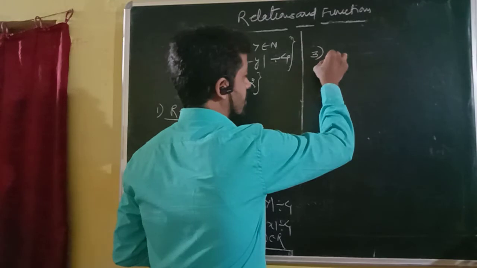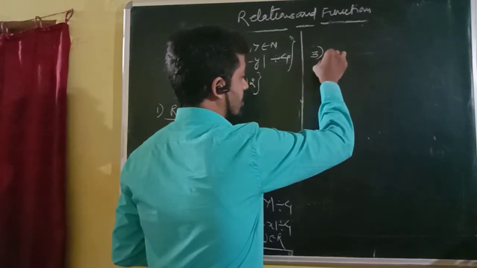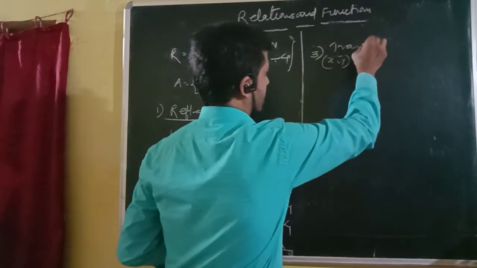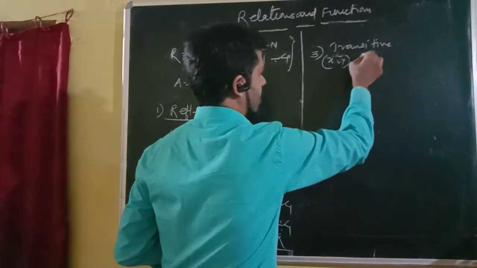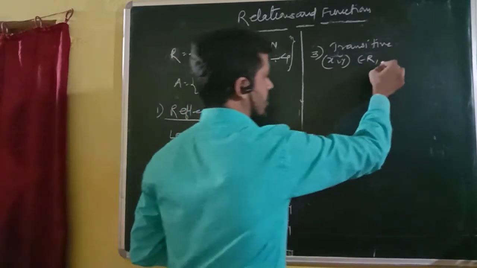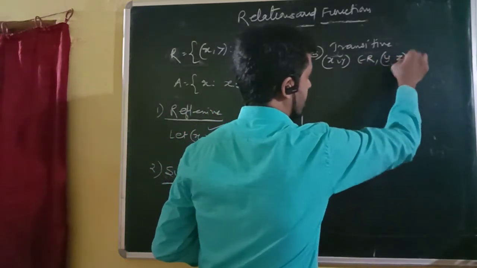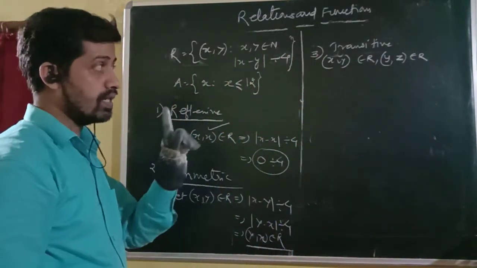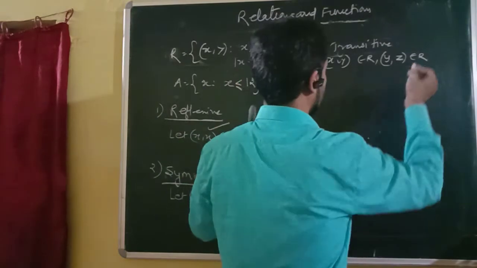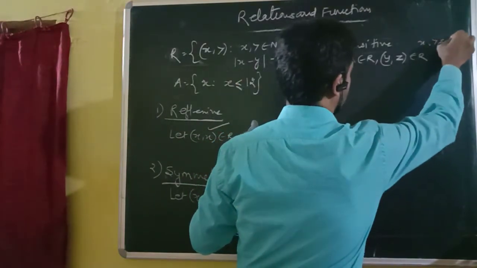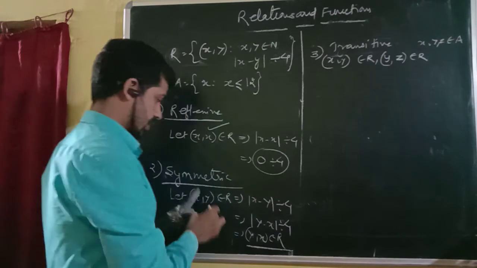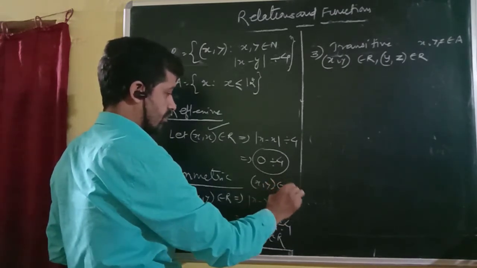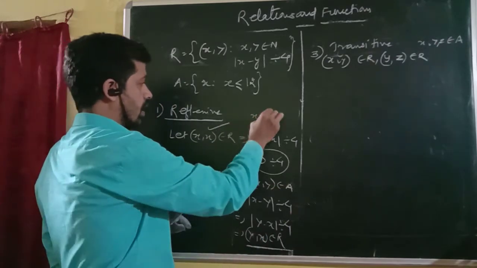So say that x comma y belongs to R, y comma z belongs to R, where x, y, z are natural numbers and part of A. X, y, z belong to A.